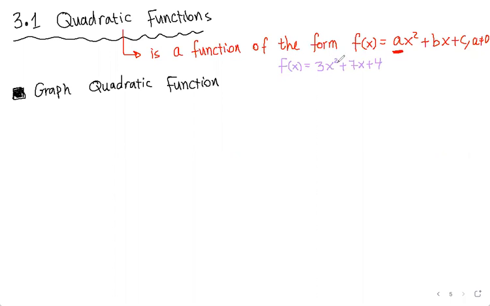The 2 is important in the function to be quadratic. The exponent must be 2. If there is no 2 in this form, it's not a quadratic function. That's why I said here a must be not equal to 0.